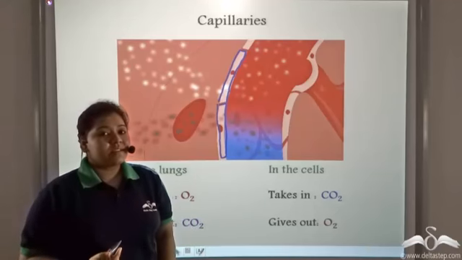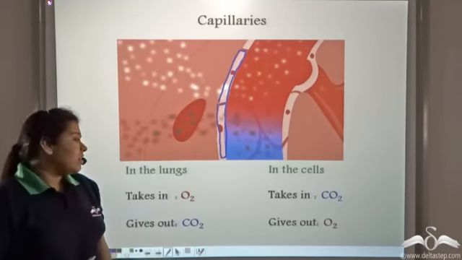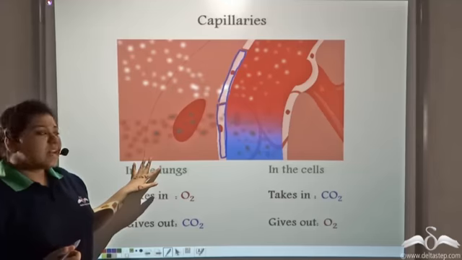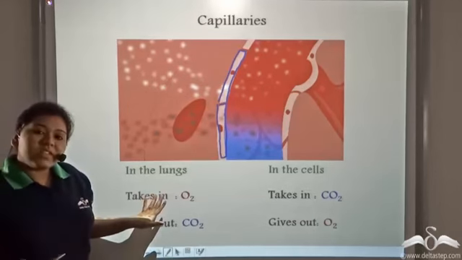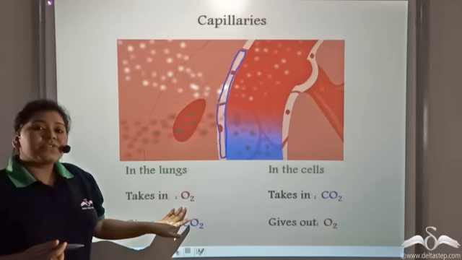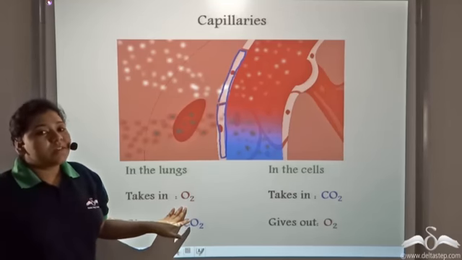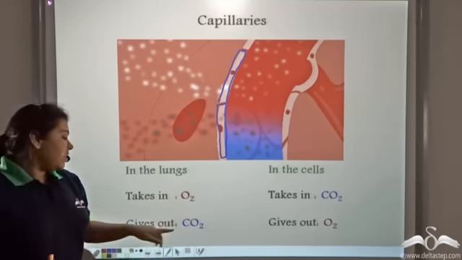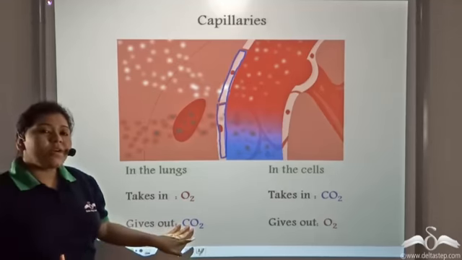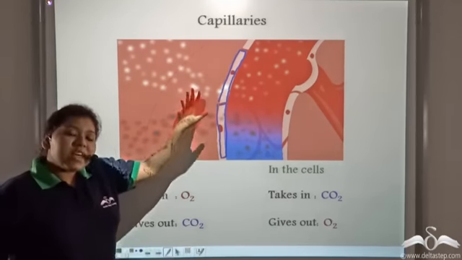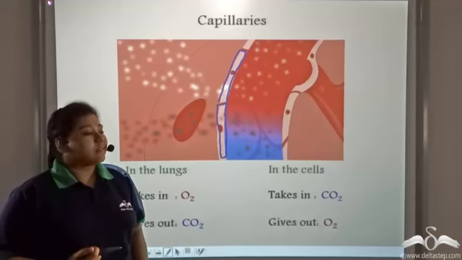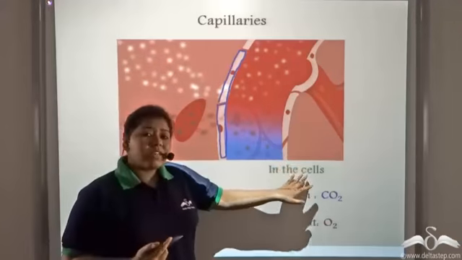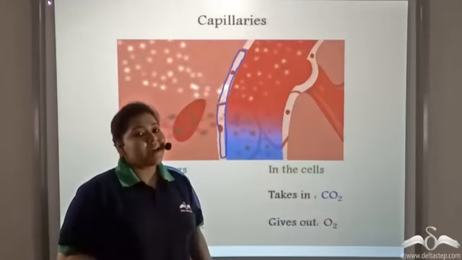So inside the lungs, what is happening is that these capillaries take in the oxygen from the alveoli so that it can be transported to all the body cells, and it gives out carbon dioxide into the alveoli that has been carried from the body cells. Now inside the body cells, the reverse is happening.